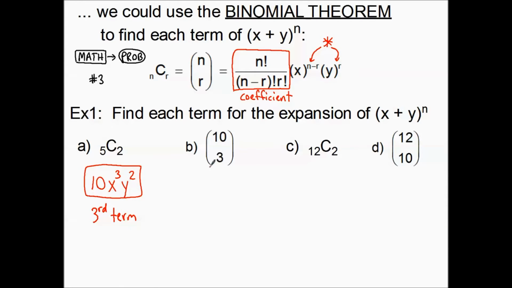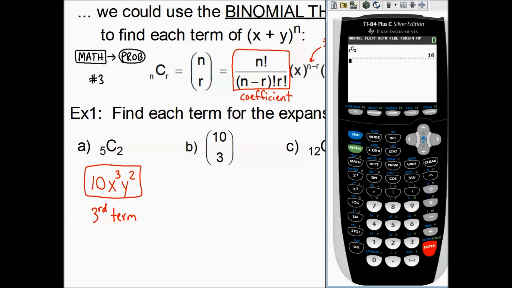So let's look at our second example. This time it looks a little bit different, but it's the same idea. Instead of 5c2, this is 10c3. So plug that into your calculator to see what you get. I'm going to type the 10 first, since that's what comes first, then go to math, over to probability, and down to number 3.